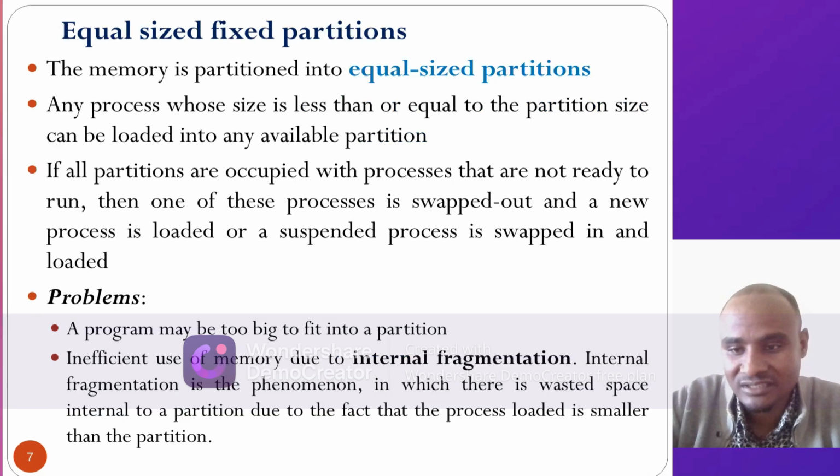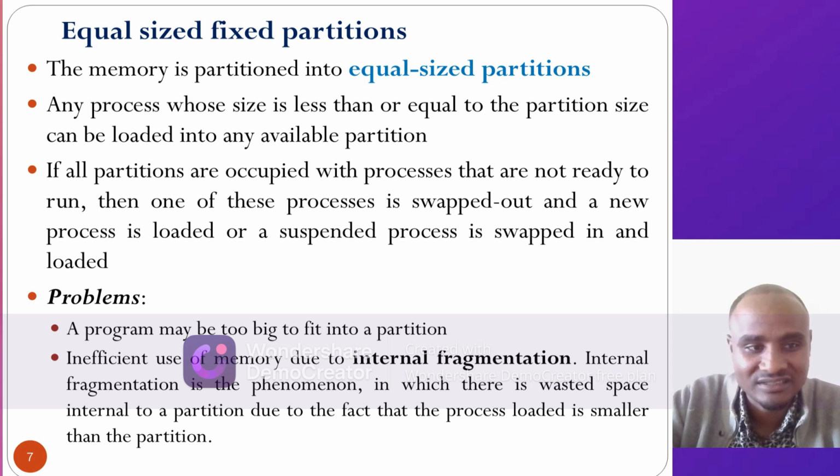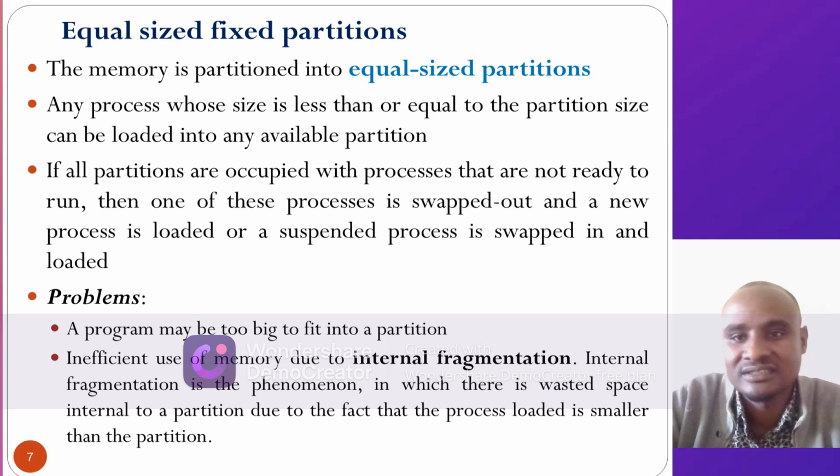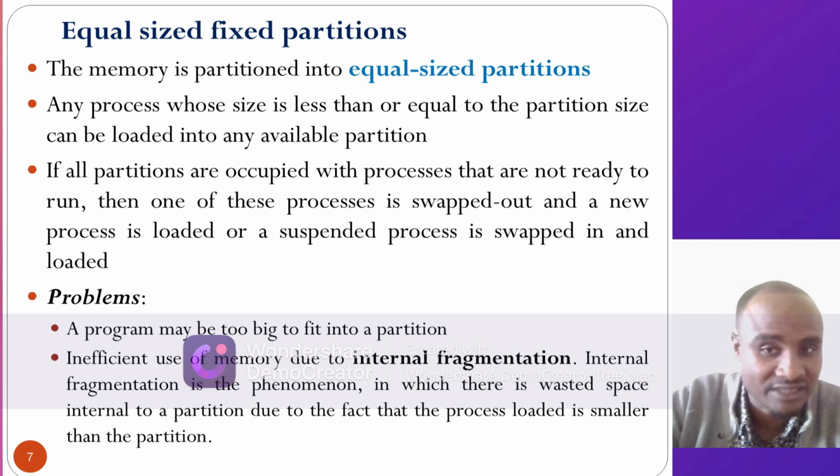Equal sized fixed partitioning means the memory is partitioned into equal sized partitions. For example, if the memory size is 500 GB, and we divide it into two equal sizes, 500 divided by 2 gives 250 and 250. This technique is said to be equal sized fixed partitioning.